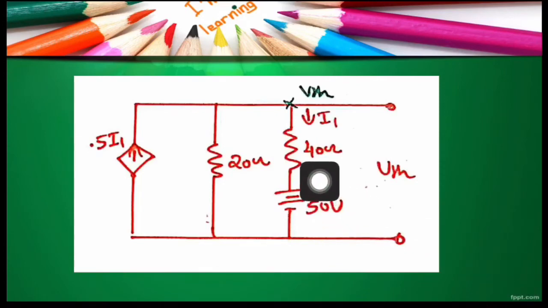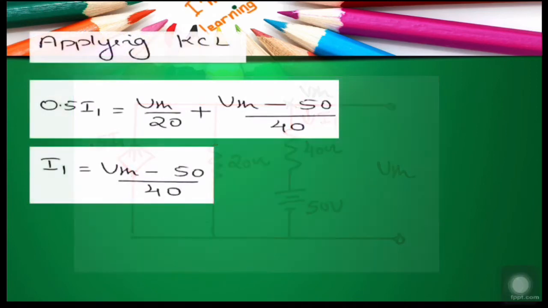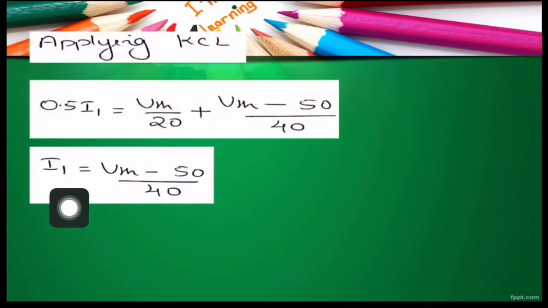Now you look at this network. You can see I1 is defined as current through this 40 ohm in downward direction. One end of this 40 ohm is at potential VTH and other end is at potential 50. Correspondingly, the current through this 40 ohm in downward direction is equal to (VTH minus 50) by 40. So we get I1 is equal to (VTH minus 50) by 40.